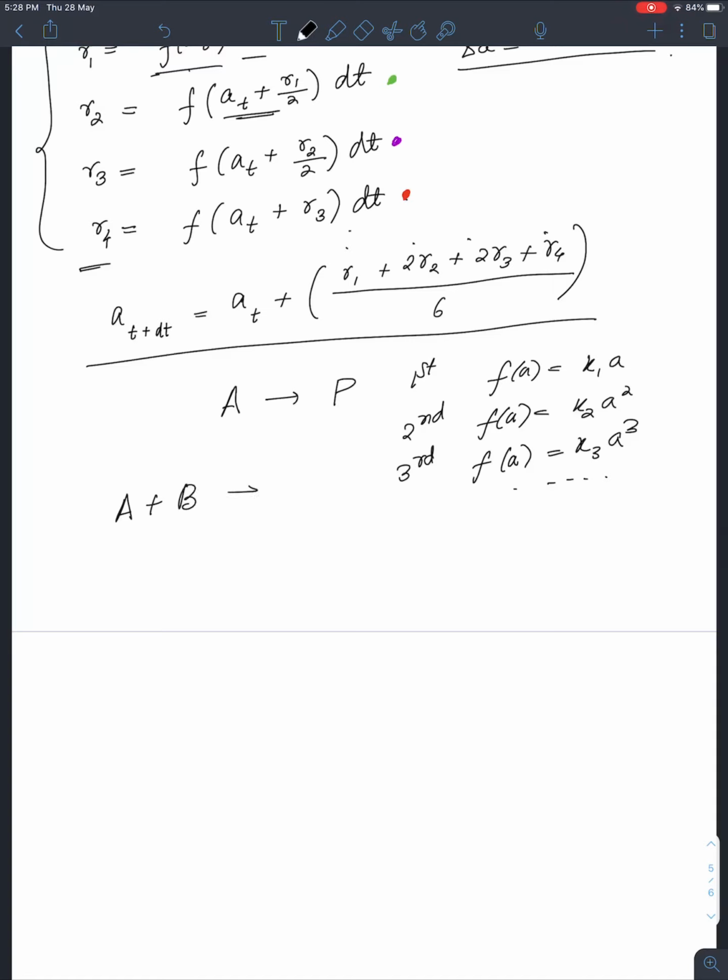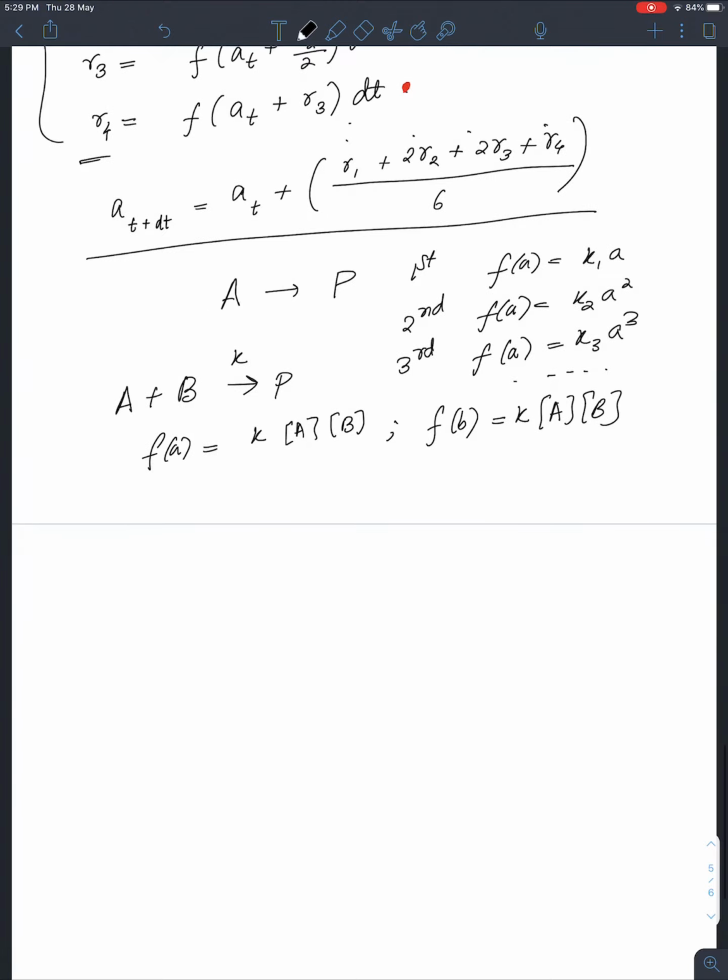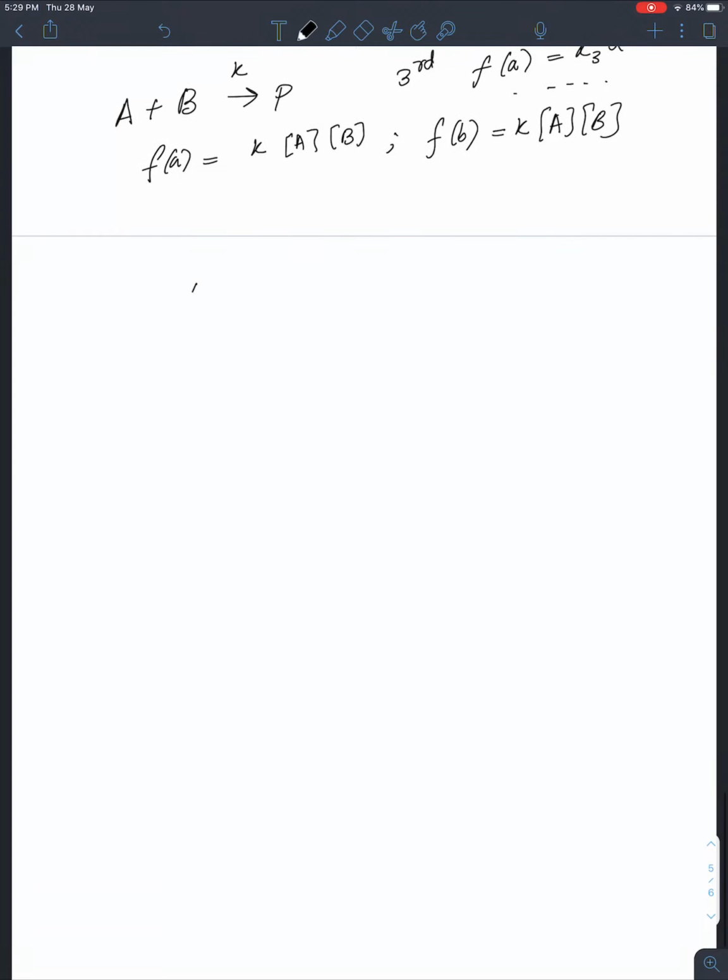Now let's have A plus B gives P. In that case, f(A) will be equal to k times A times the concentration B, and f(B) will be the same, k times A times B. Let us now see what is going to happen when we try to integrate.